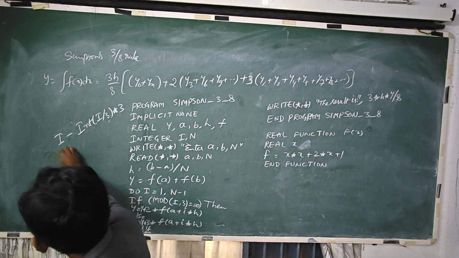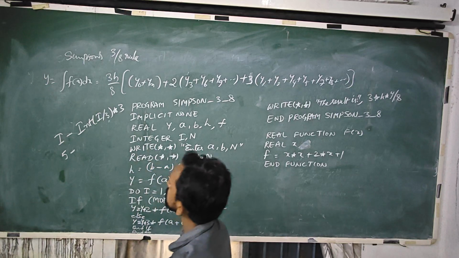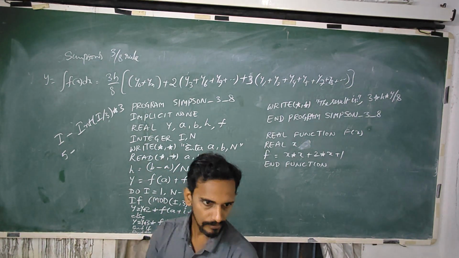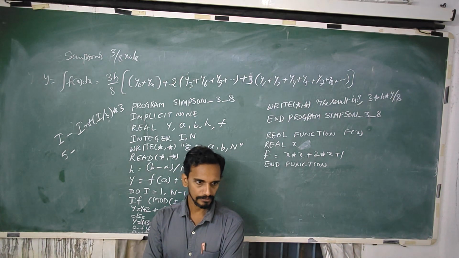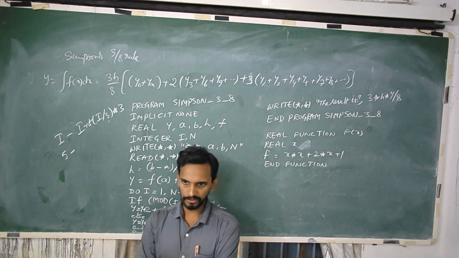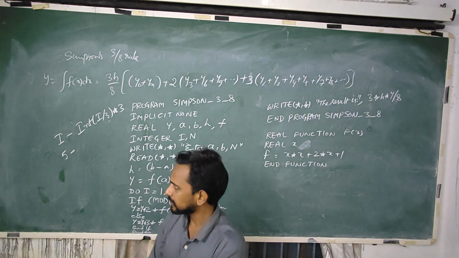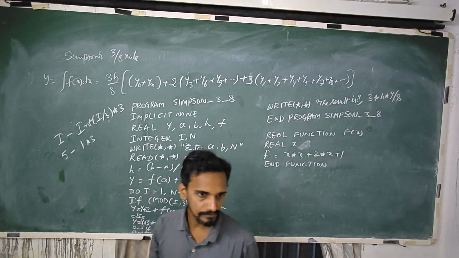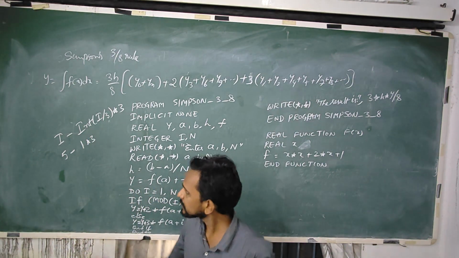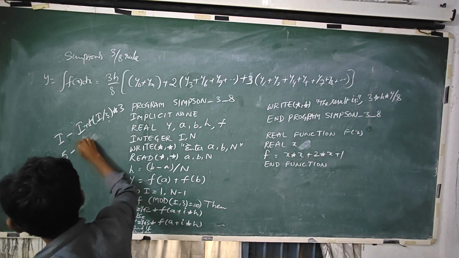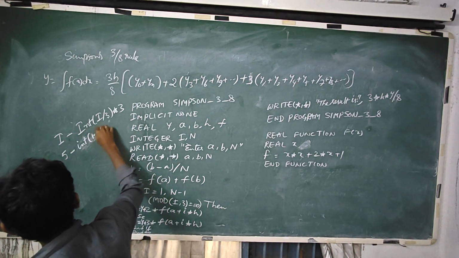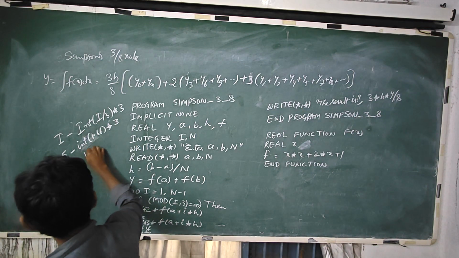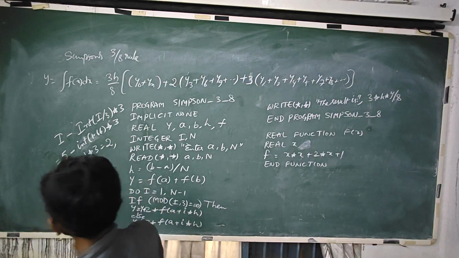What happens here? 5 minus integer part of I by 3. 5 by 3 is 1 point something, 1.666. I'll be left with integer part of it, 1 star 3. Otherwise, to be precise, integer part of 1.666 star 3. So this becomes 5 minus 1 star 3, 2.